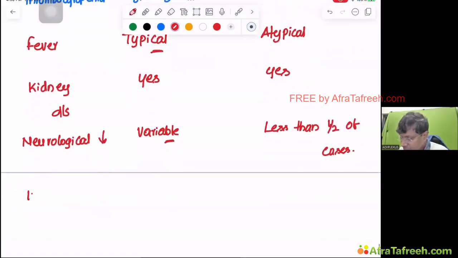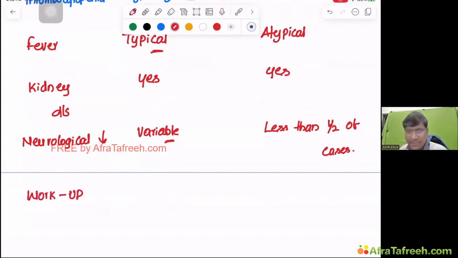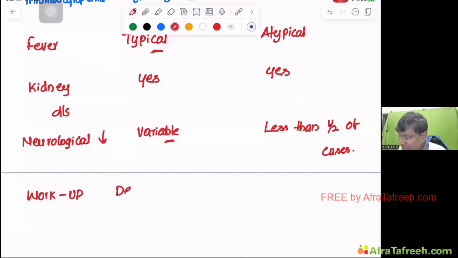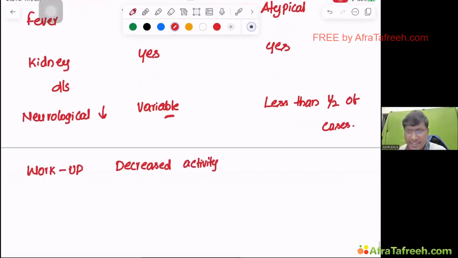And you take the workup. In thrombotic thrombocytopenic purpura, you need to check the activity of ADAMTS13, and you will notice decreased activity.